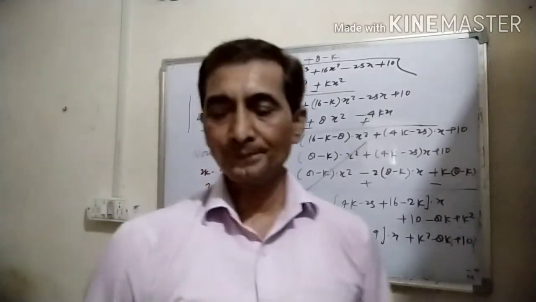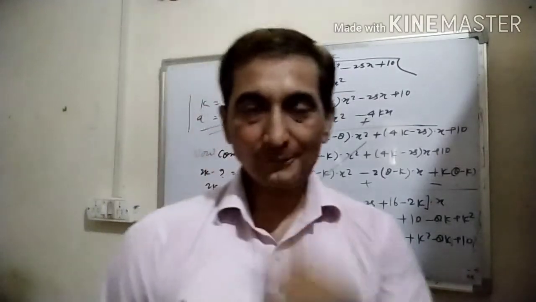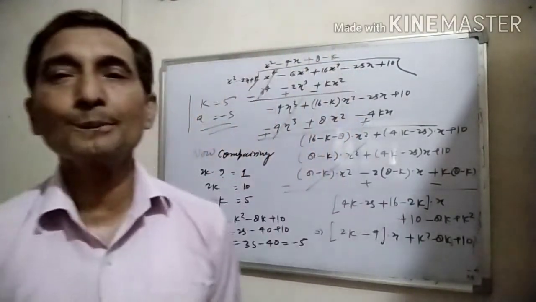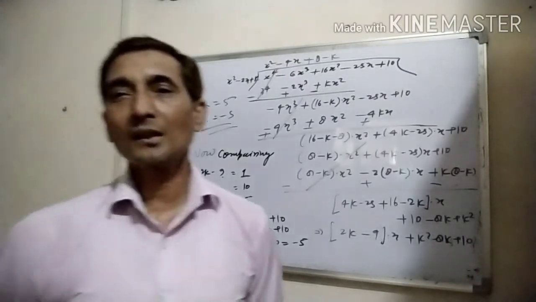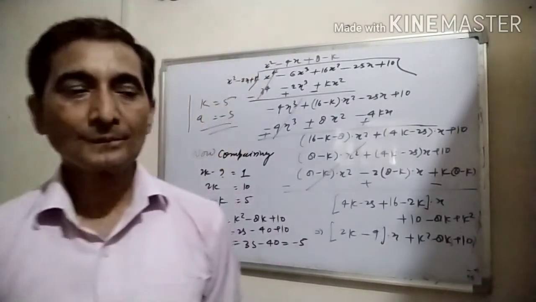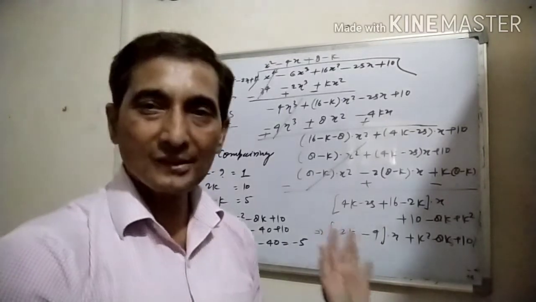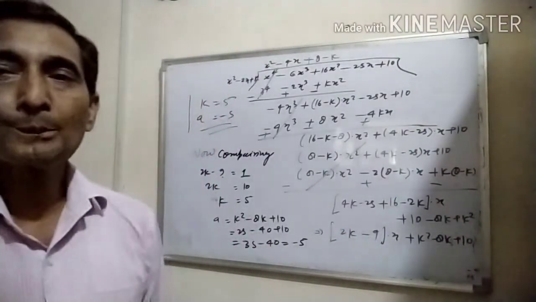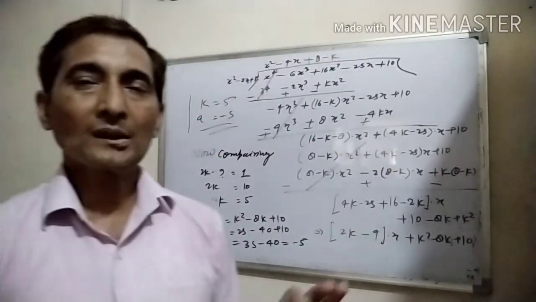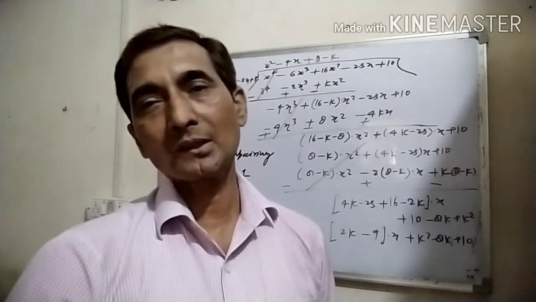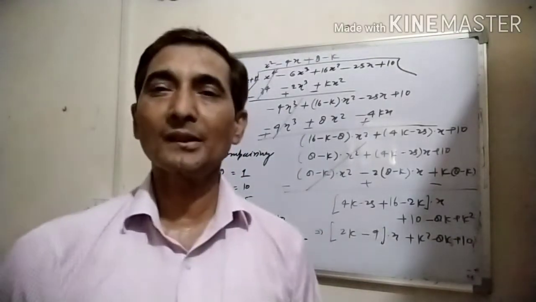Last question. In this question, first the given polynomial is divided by the second polynomial and we try to find the remainder. Since the remainder of this division is given, we compare the coefficients of like terms of the given remainder with the obtained remainder, and after calculation we get k is equal to 5 and a is equal to minus 5.